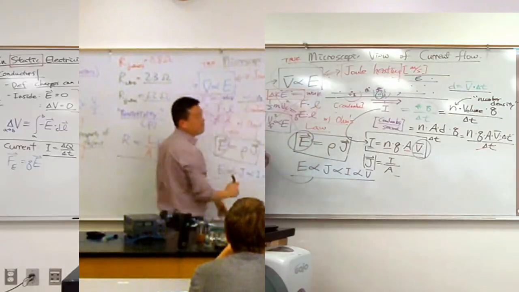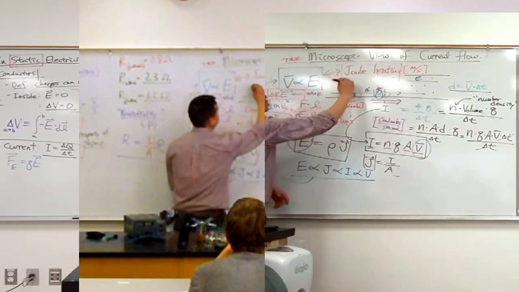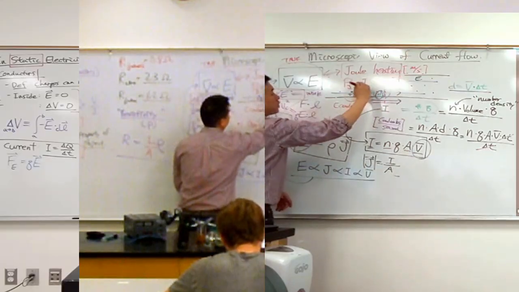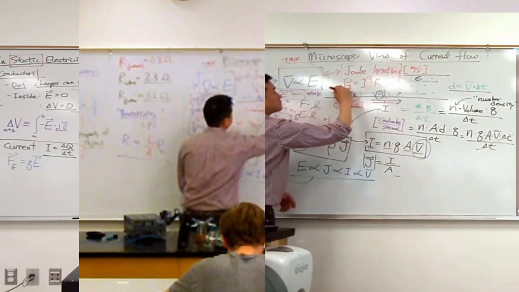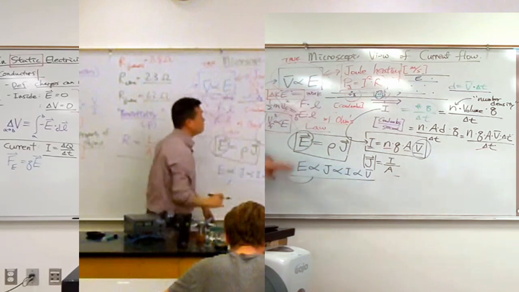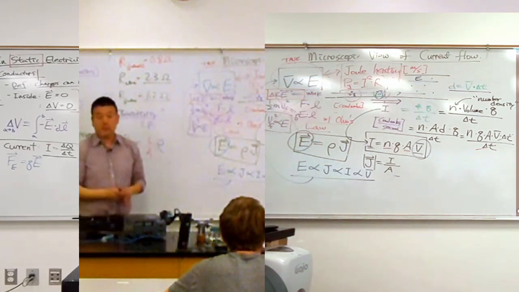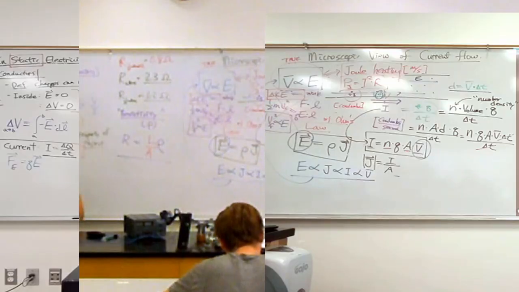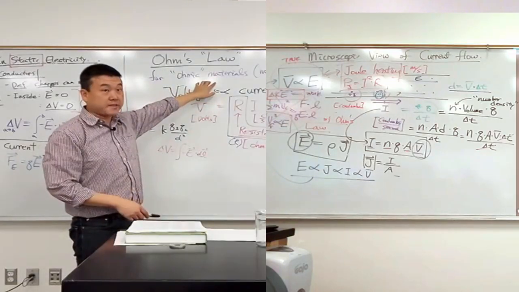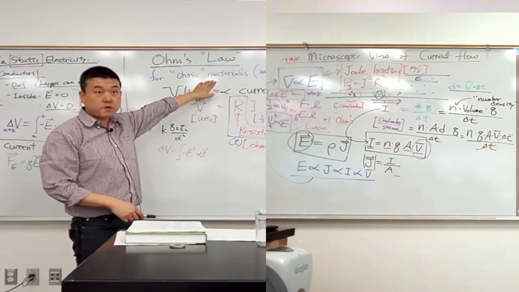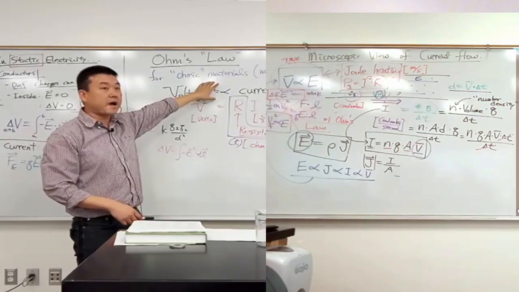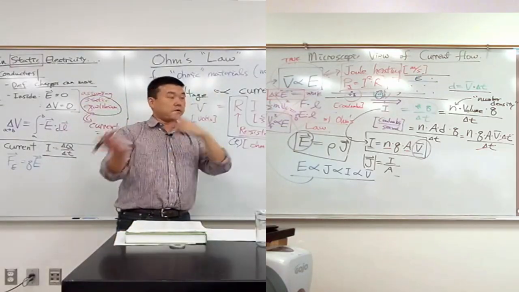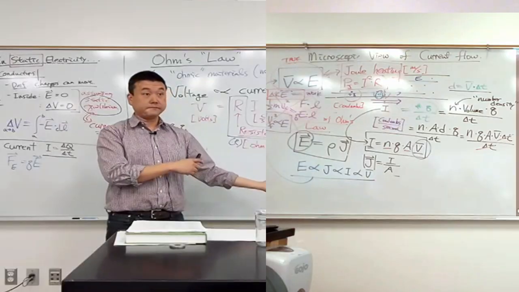I'll just write it down and we'll get to it on Wednesday. The power of Joule heating is given by the current squared times the resistance. I want you to have this picture in your mind that whenever Ohm's law is true, and once again, it's not always true, it'll always involve some kind of loss of electrical energy to frictional thermal energy.